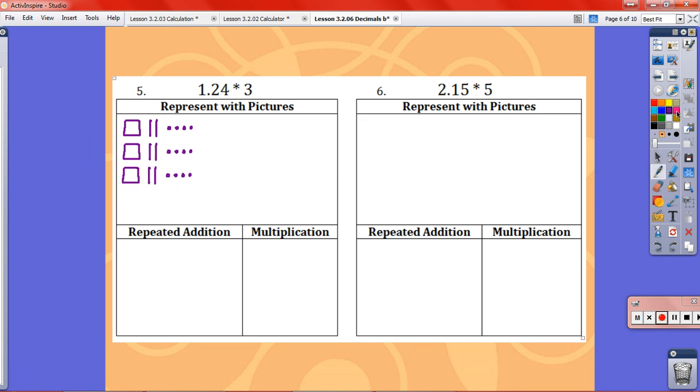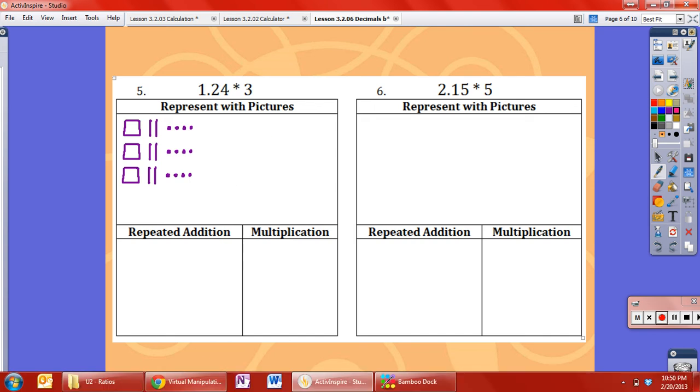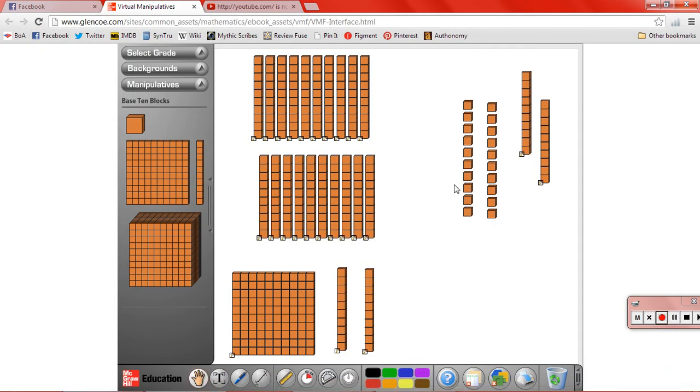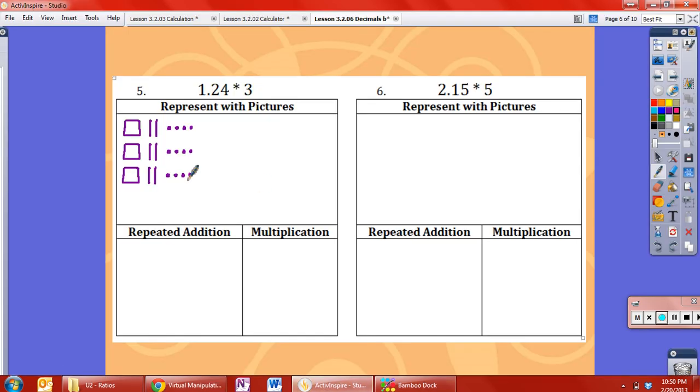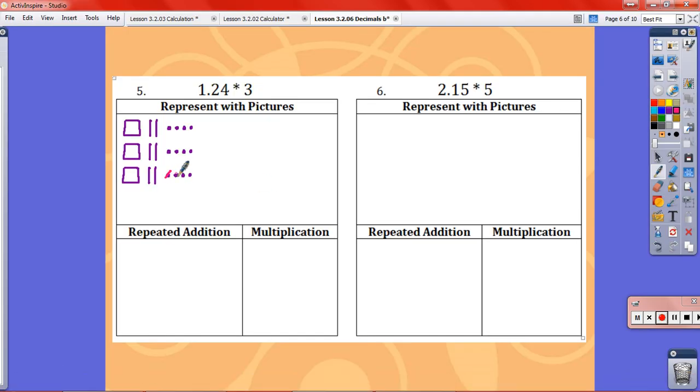Same as before, 10 hundredths make a tenth. See, 10 hundredths make a tenth. So I can count 1, 2, 3, 4, 5, 6, 7, 8, 9, 10 hundredths and replace it with a tenth.